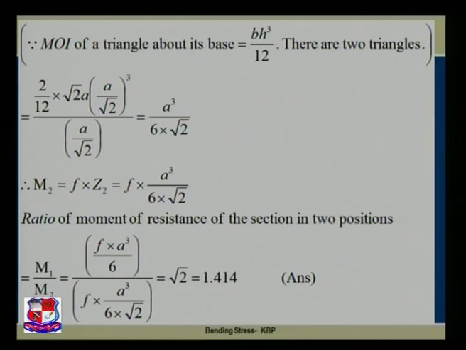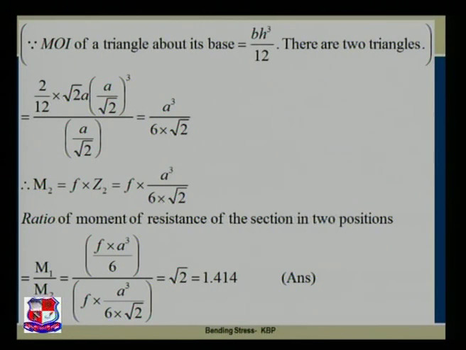So in the second case the moment of resistance is F into A cube by 6 root 2. And we found the moment of resistance in the two different positions for a square section as M1 and M2, that is, the ratio M1 by M2 is equal to 1.414.